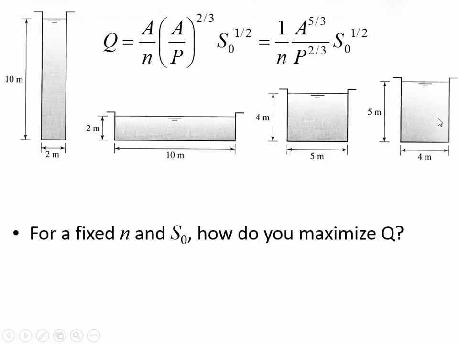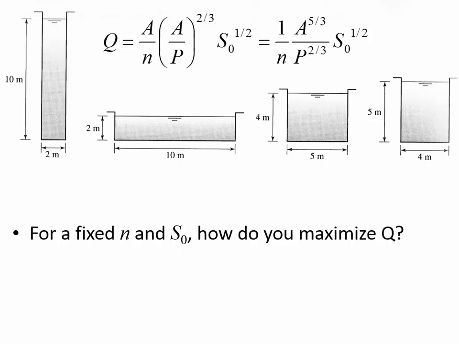Here it's going to be 14. So if we have the same cross-sectional area, how can we maximize the flow rate? Look at the equation there. N is fixed, slope is fixed. All 4 of these have the same area. We want to minimize the wetted perimeter.